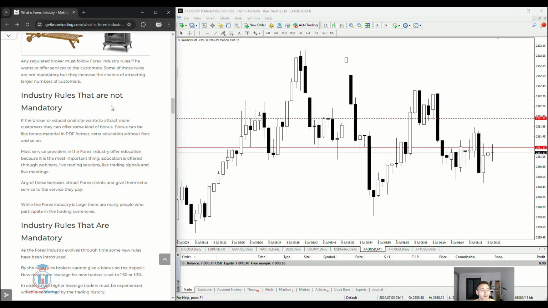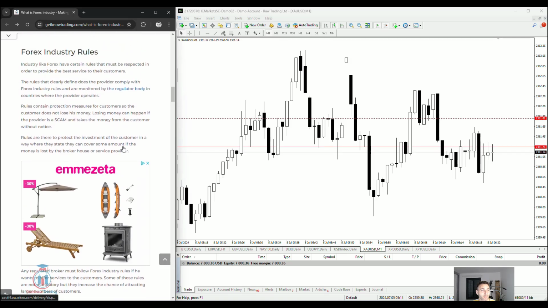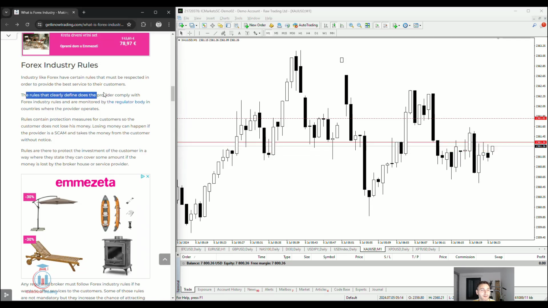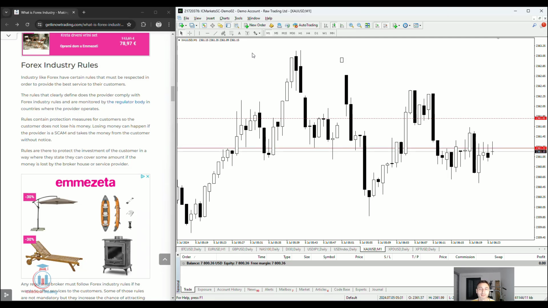Now, here are the industry rules that are mandatory, and that means the rules that clearly define whether the provider complies with Forex industry rules monitored by the regulatory body. That means the broker which you need in order to access the Forex market. It is the same kind of broker, for example, that you need to access the stock market.